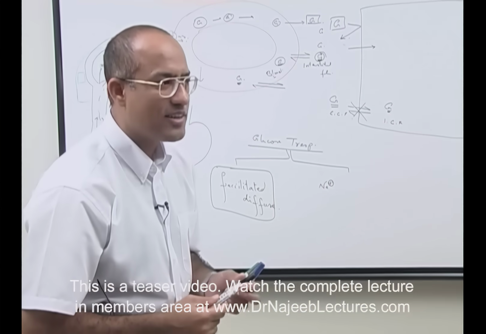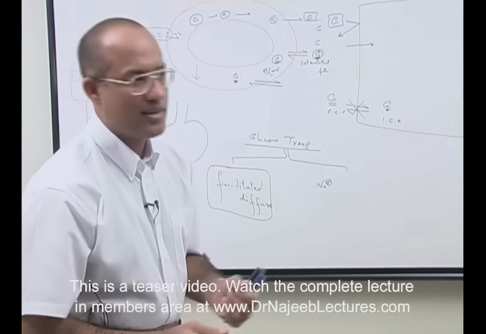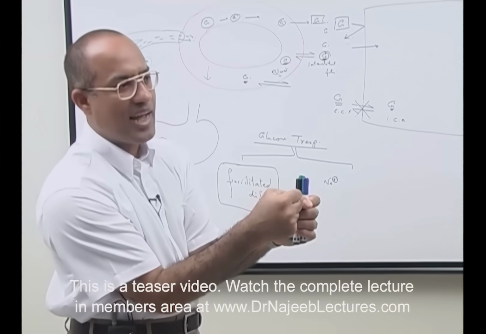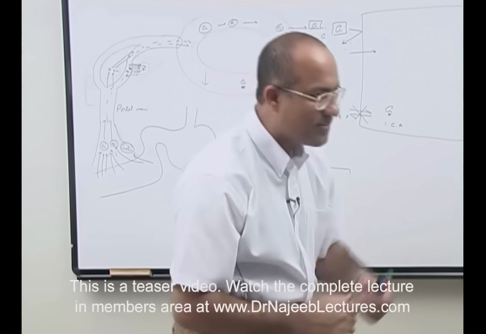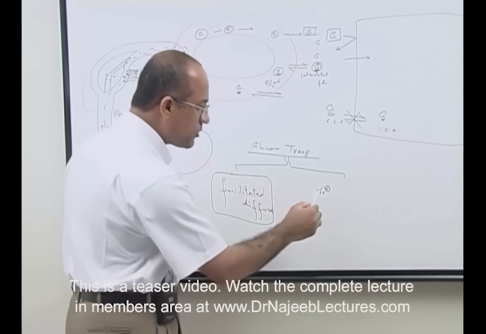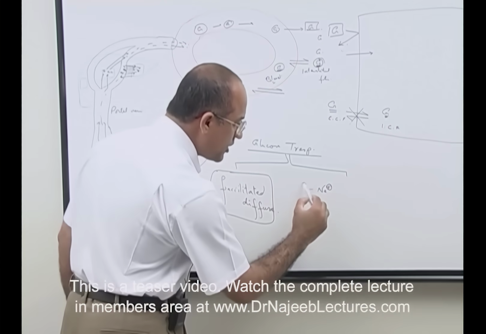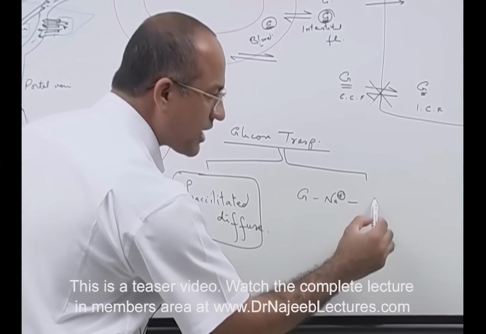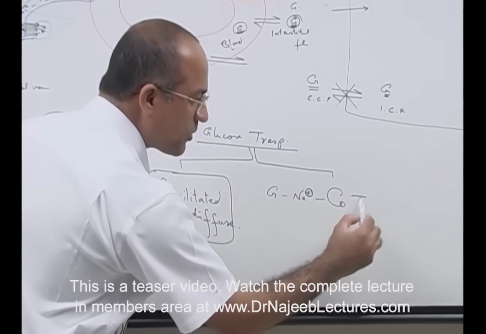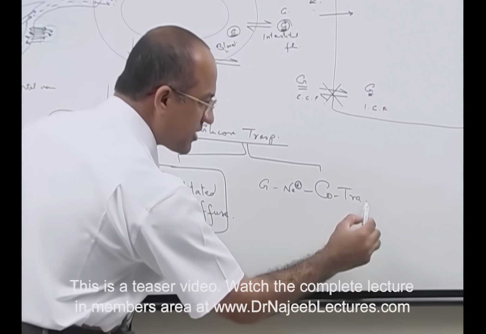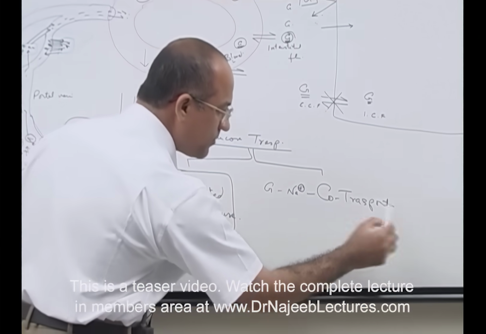You know, in some cells, glucose sticks with the sodium and then sodium drags the glucose in. We'll talk in detail how. So glucose and sodium, what type of transport? Co-transport, as in co-education.